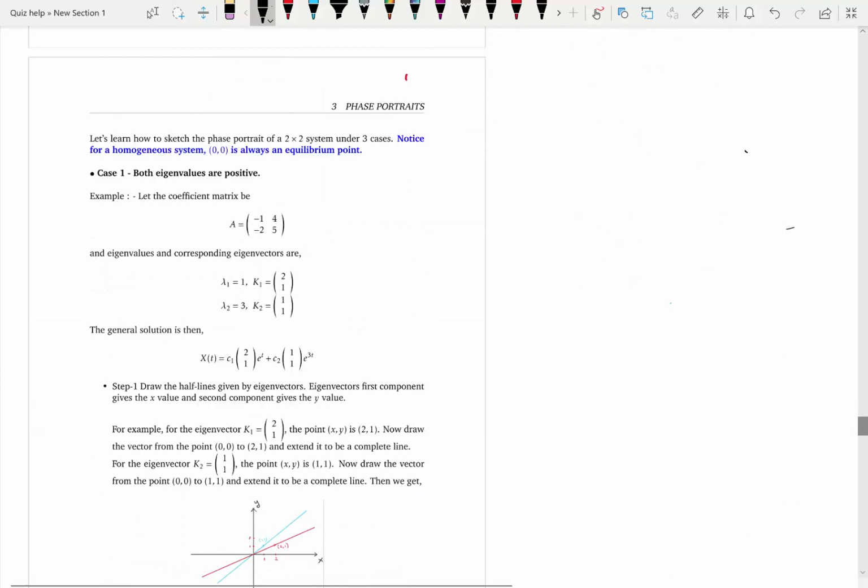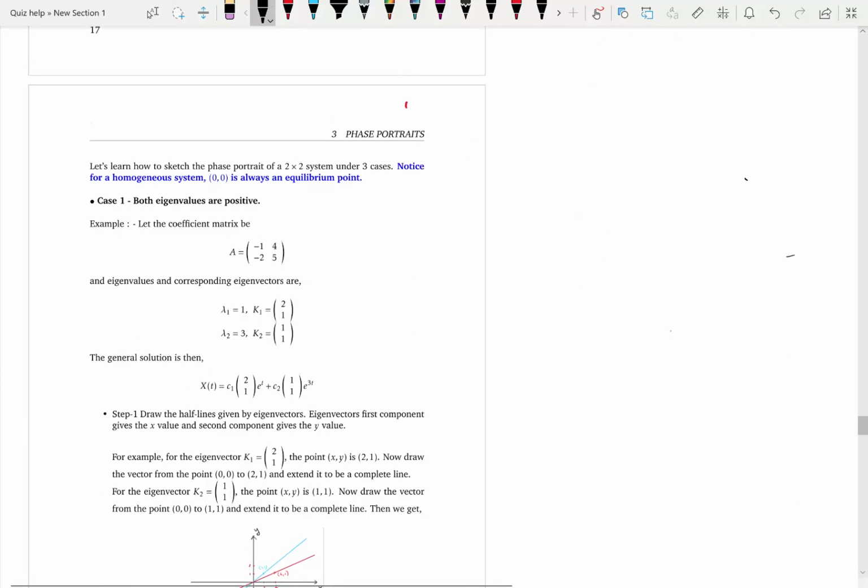Now we have to bring in a few more things. When we want to construct a solution of a system of differential equations, step by step, we find the eigenvalues, we find the eigenvectors, and then depending on the eigenvalues, we write the solution. So far we only discussed distinct real eigenvalues, where you simply take the linear combination.